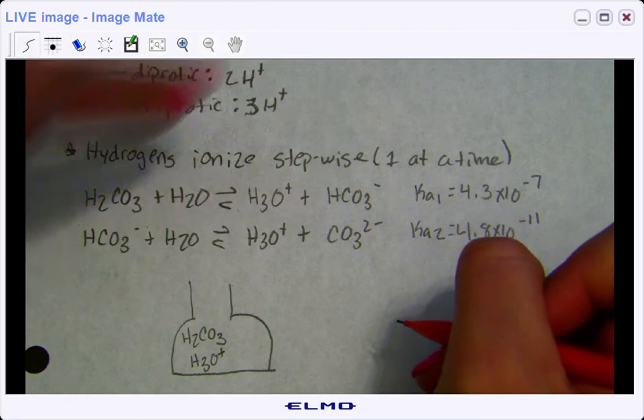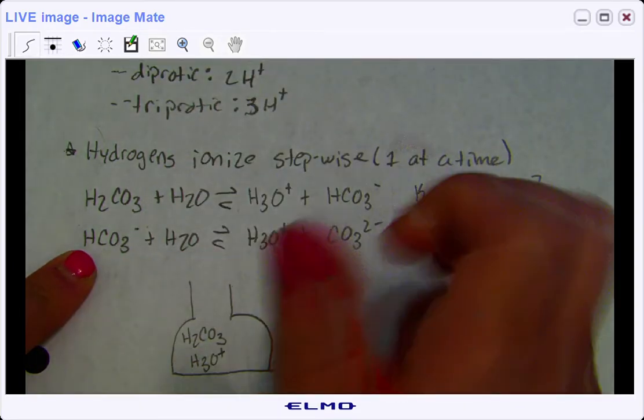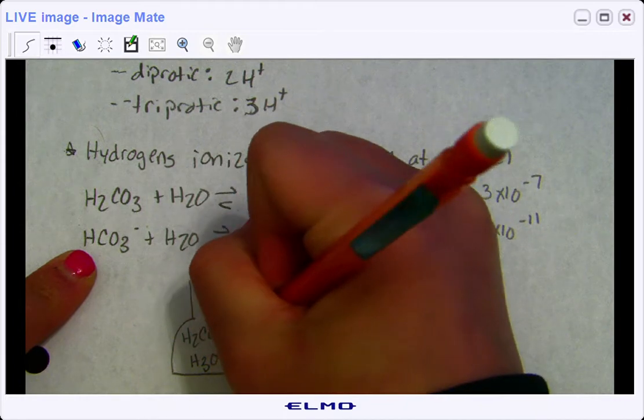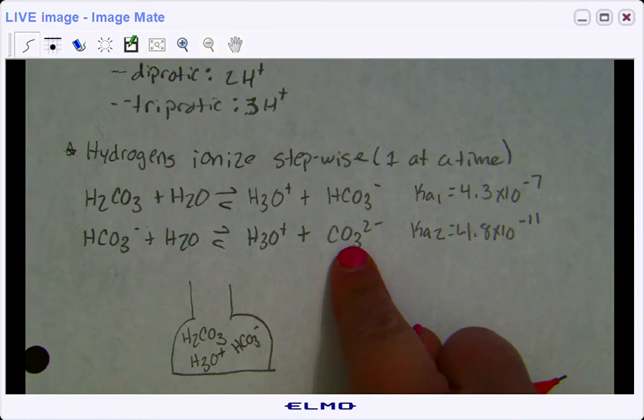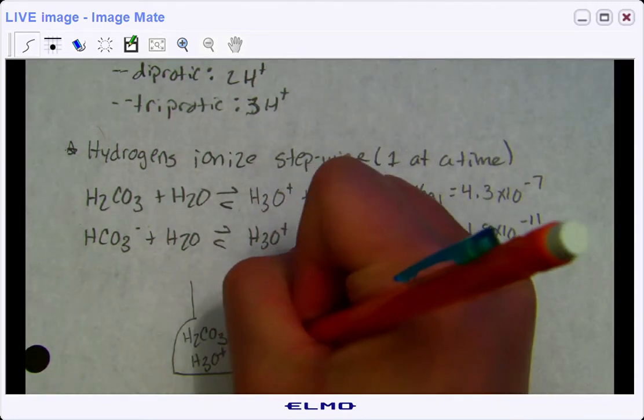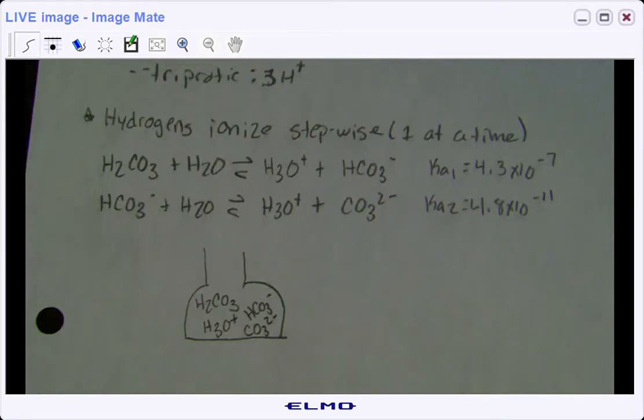We do have some HCO3 minus because again, this is in equilibrium. And we also have some carbonate. Now, how much of each of these do we have?